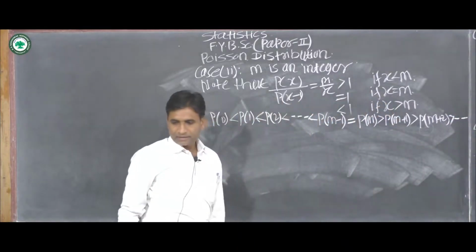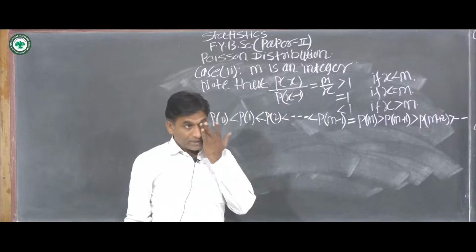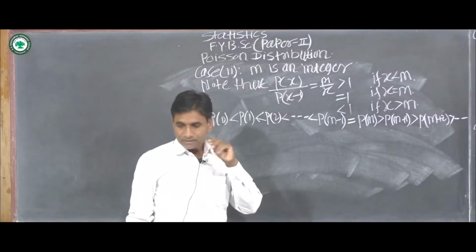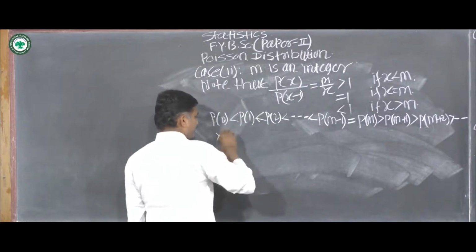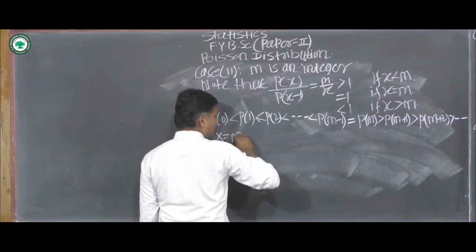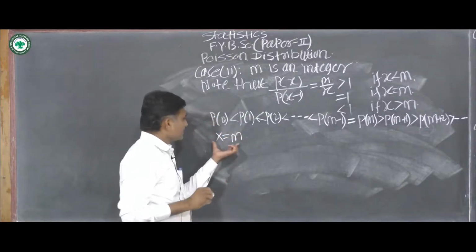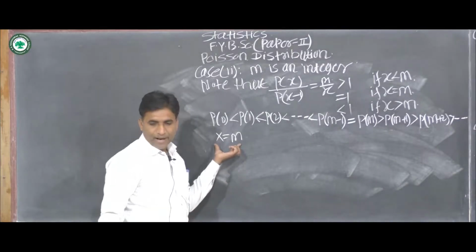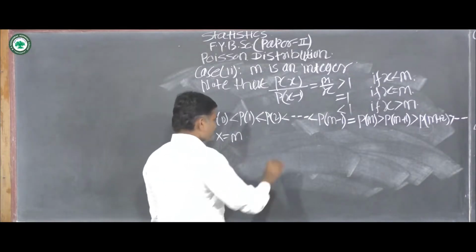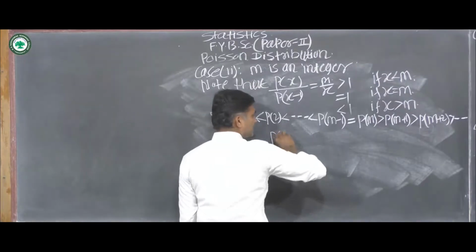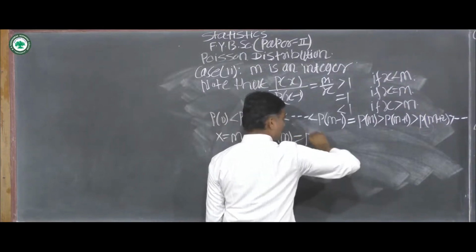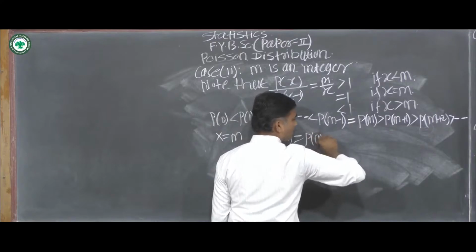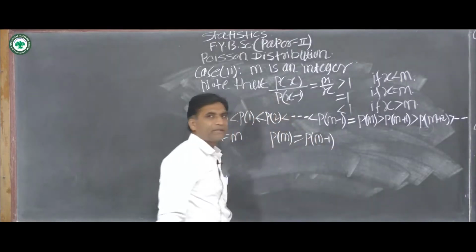In this case the PMF reaches maximum at x equal to m, that is p(m) is equal to p(m minus 1).